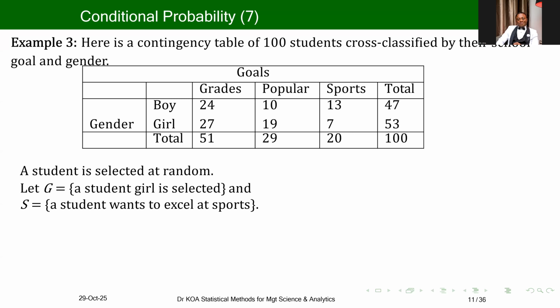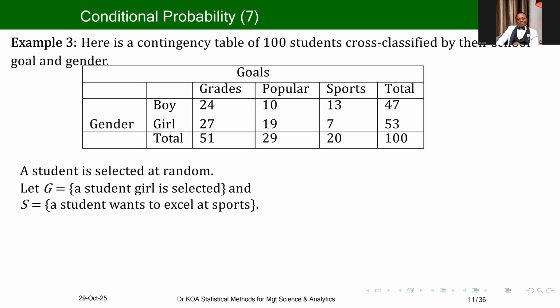What do you think B will be representing? Follow the pattern. A student boy is selected.